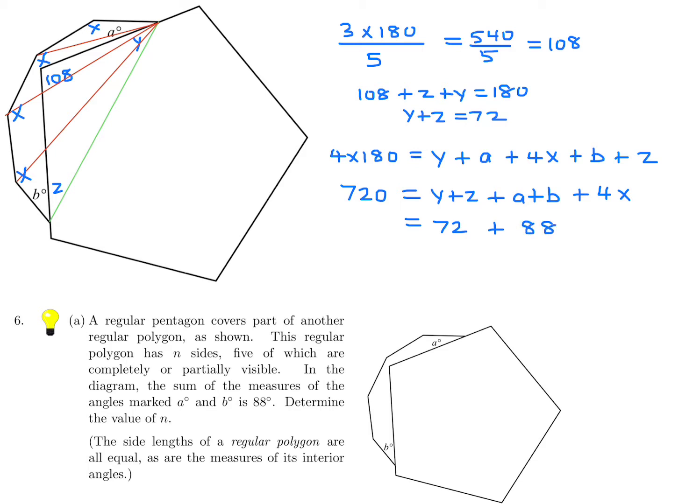So that's great. So 4x plus 160 equals 720. All right, great progress. Now we can solve. So 560, when you put all the numbers on one side, is equal to 4x, and therefore x would be 560 divided by 4, which is 140.